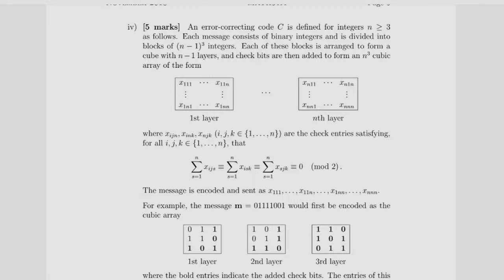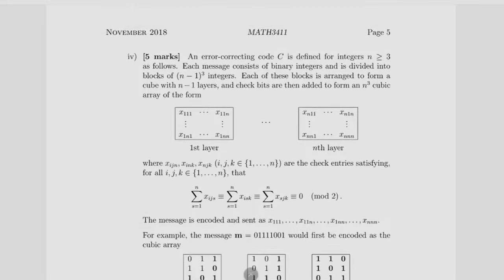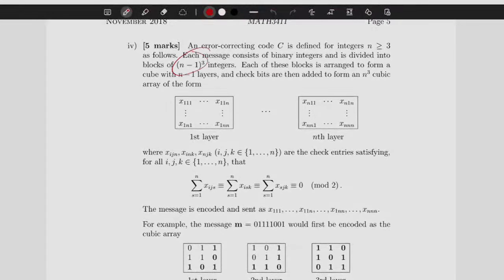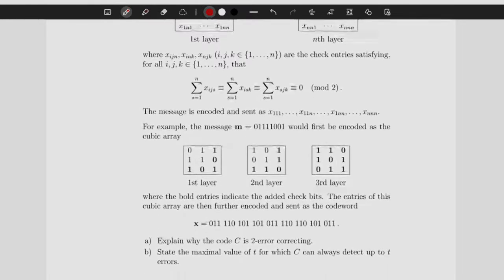Each message is blocked out like this, okay, and then they form a cube, right? And then basically the central idea is explain why the code is 2 error correcting, right? Super easy, super slay.